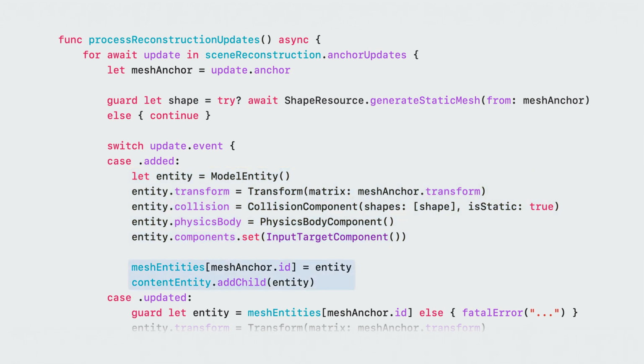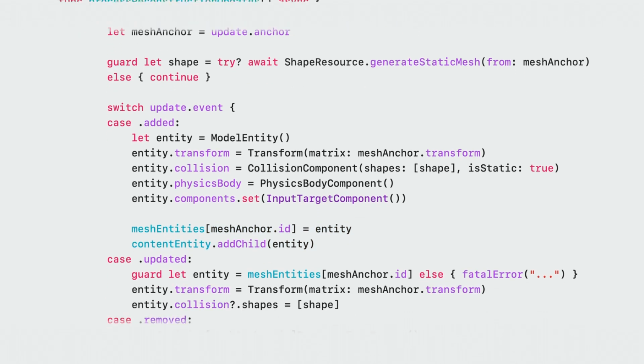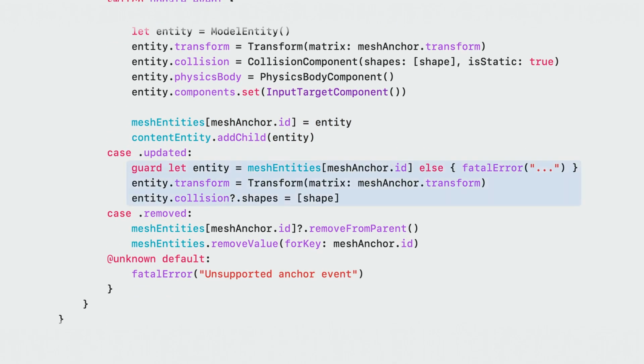Finally, we add a new entity to our map and as a child of our content entity. To update an entity, we retrieve it from the map, then update its transform and collision component shape. For removal, we remove the corresponding entity from its parent and the map.